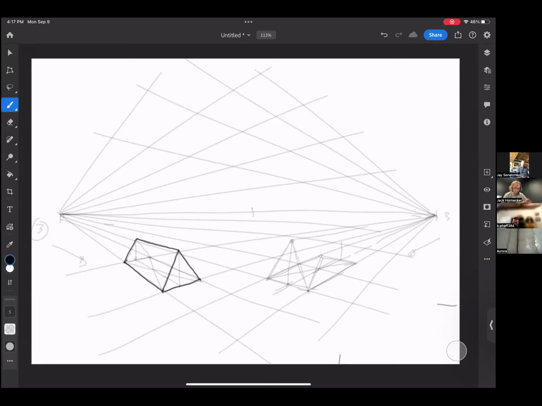This peak gets connected to that same vanishing point until it intersects this vertical line. There's your peaked roof going in that direction.